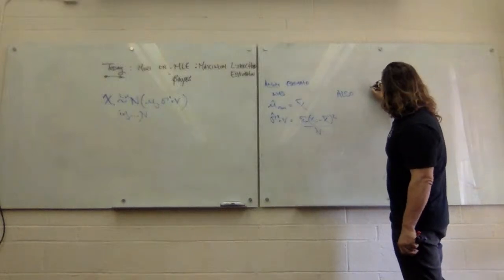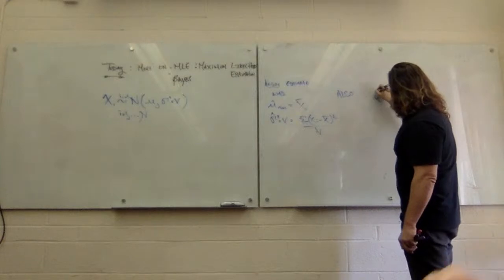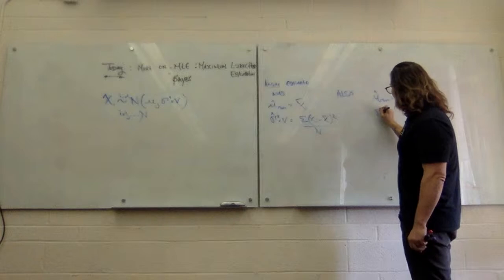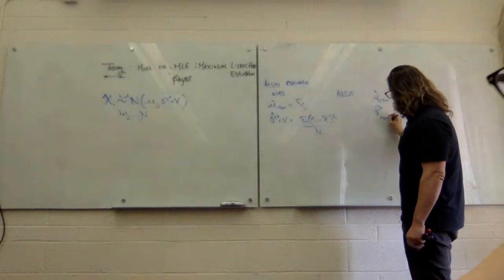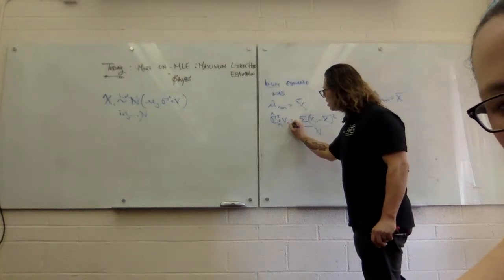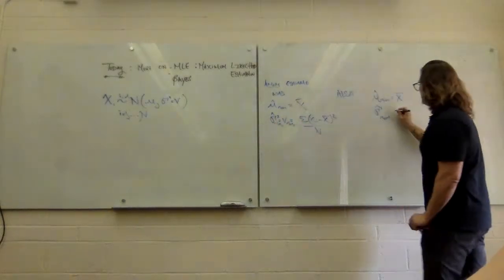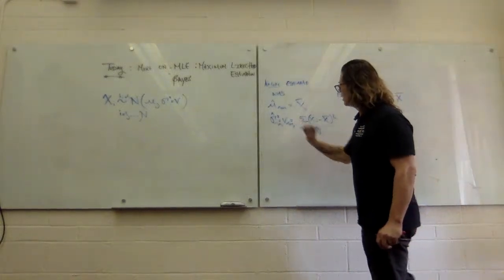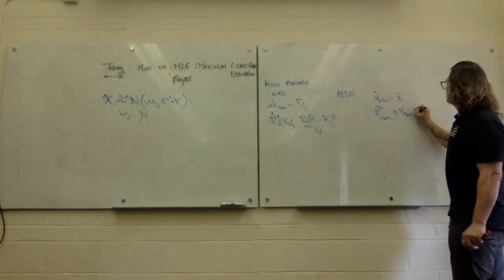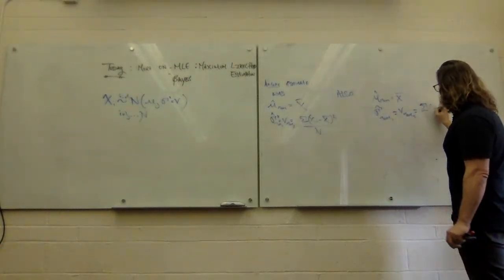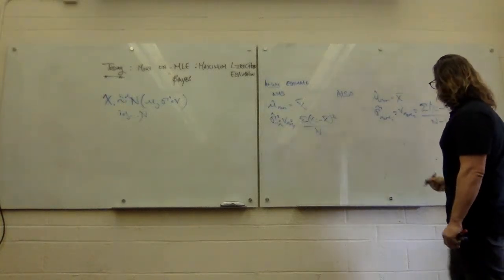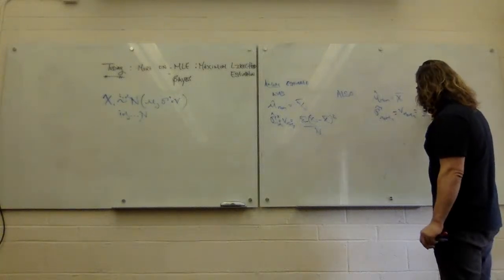So also, mu hat MOM is equal to x bar, and sigma hat MOM, I'm going to call this 2 and this one 1. So MOM 1, MOM 2. Or this is MOM 1 right here. So V MOM 2 was equal to the sum of the xi's minus x bar squared over n minus 1. So we had that familiar creature as well.